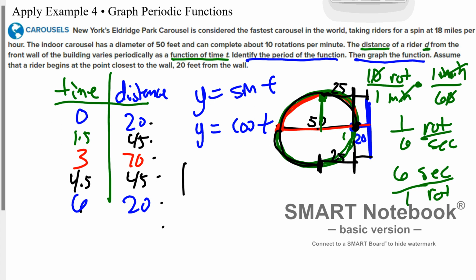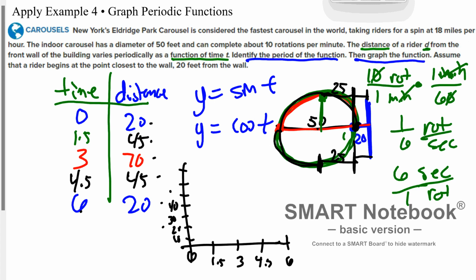So if we were to graph that, we go 0, 1.5, 3, 4.5, 6 on the time axis. On the distance axis, we count 10, 20, 30, 40, 50, 60, 70, and graph this.